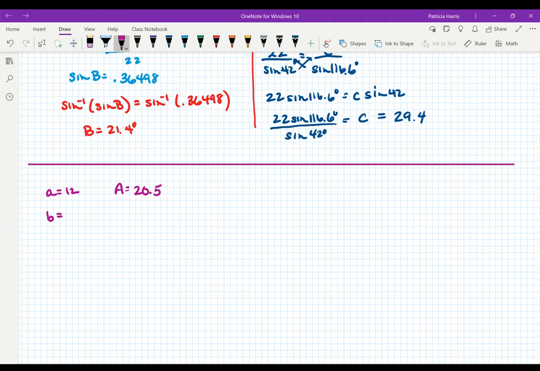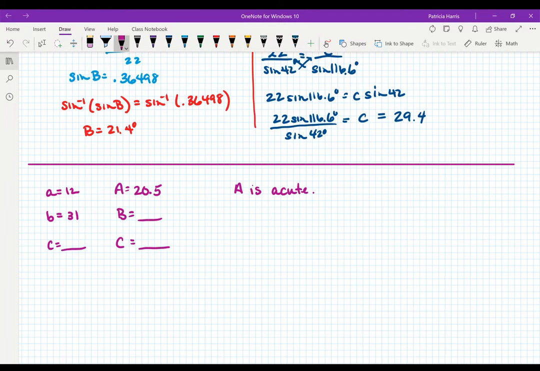Side B is 31. I don't know angle B. I don't know side C. And I don't know angle C. Okay, so A is acute. Okay, looks like B is greater than A.